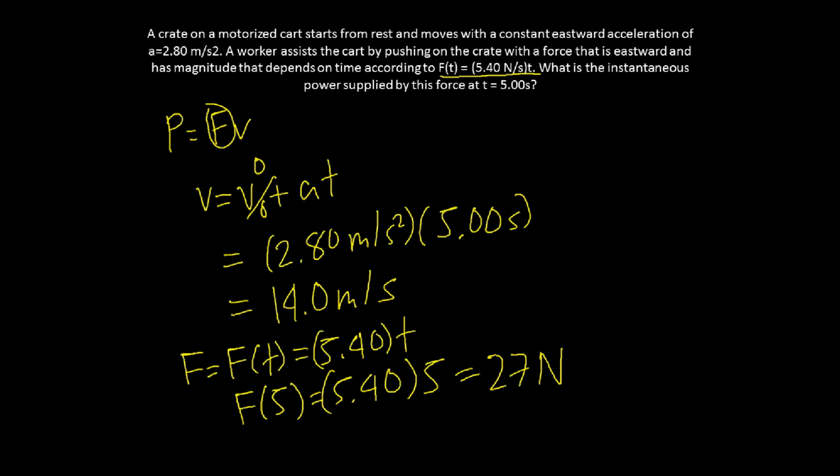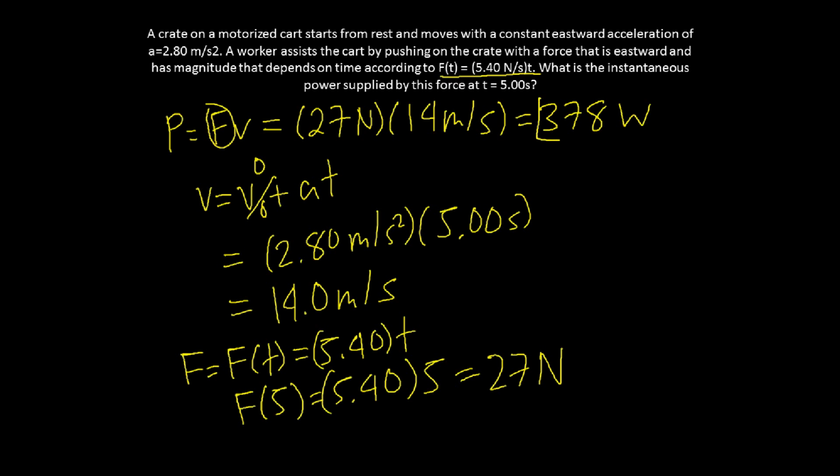Now we already have the force and the velocity, and we just substitute them into this formula: 27 newtons times 14 meters per second equals 378 watts.